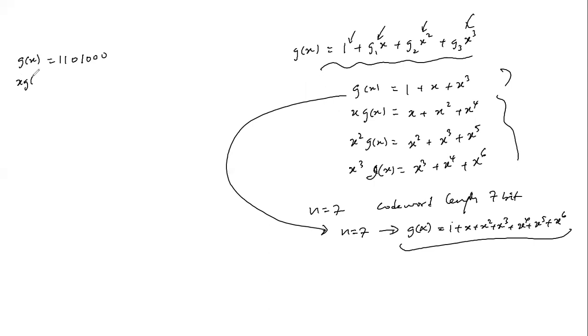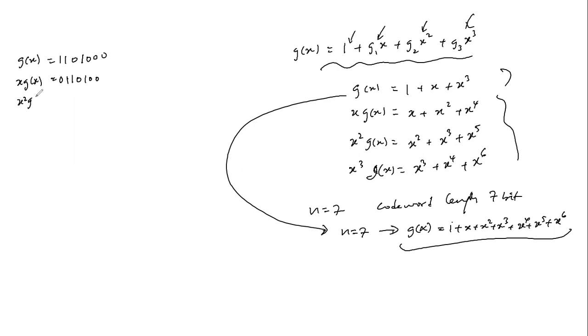Now x g of x, now 1 is turned off, x is turned on, which is 1. Now x squared is turned on, 1. X cubed is turned off, x to the power 4 is turned on, then the other two pieces are turned off.